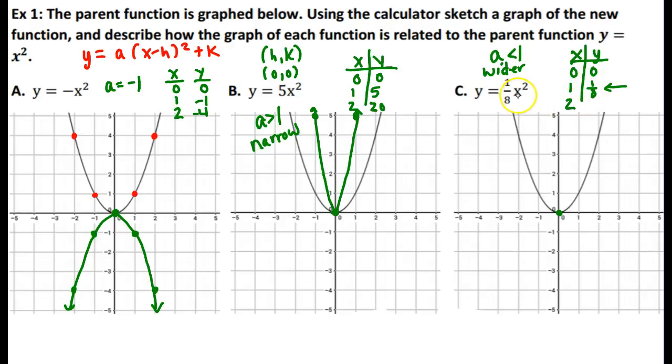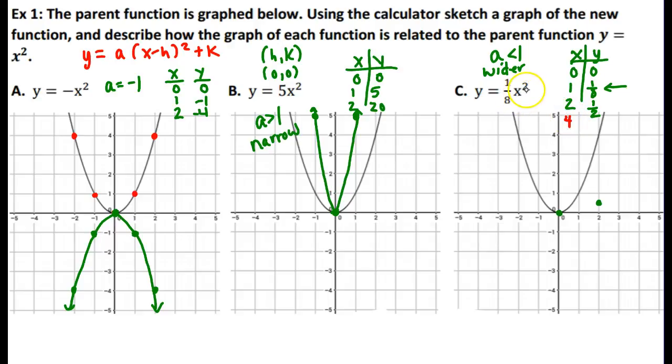When I put in 2, 2 times 2 is 4, 4 times 1/8 is 1/2, so 2 comma 1/2 is a point. It's a little bit easier to approximate. Now I'm going to choose one more point, but I'm going to do it strategically, and that next point is going to be 4.